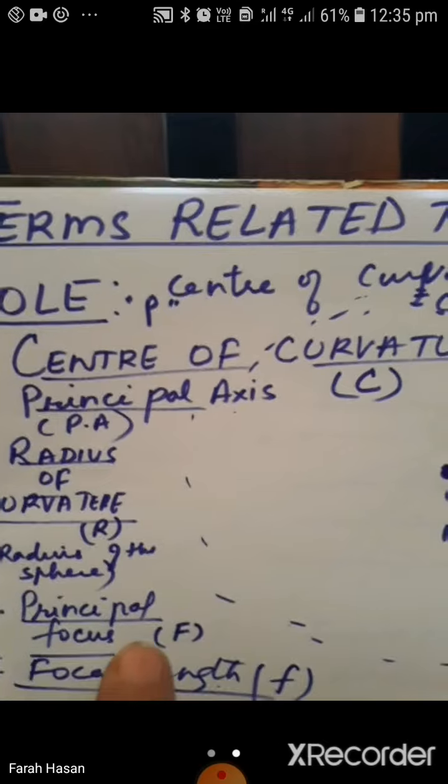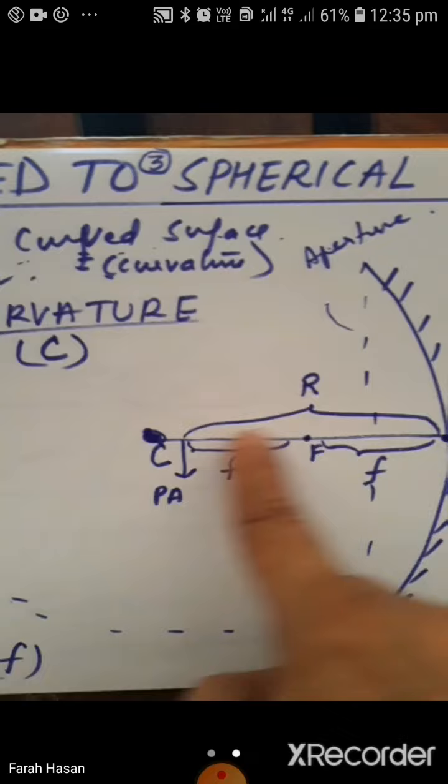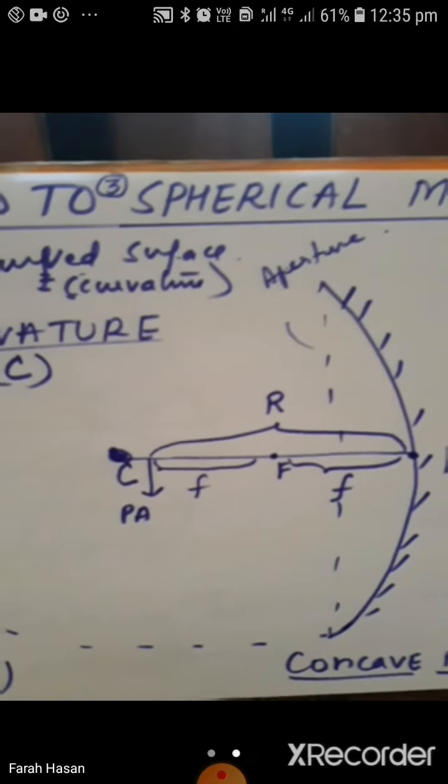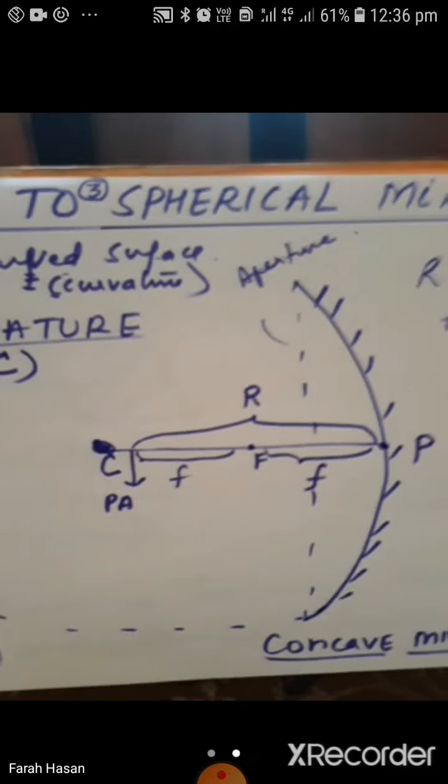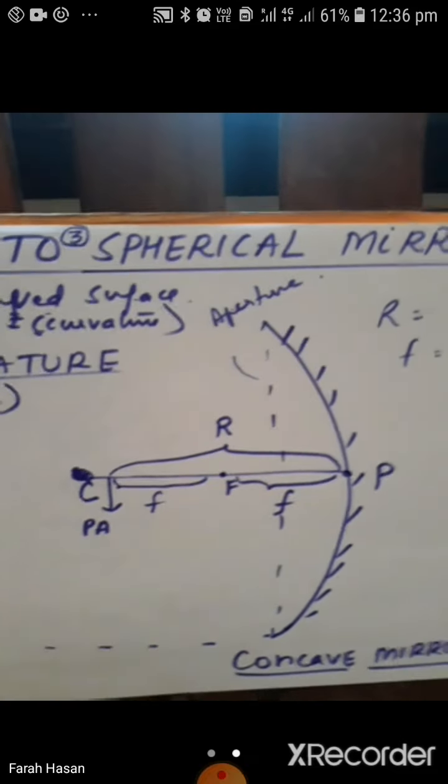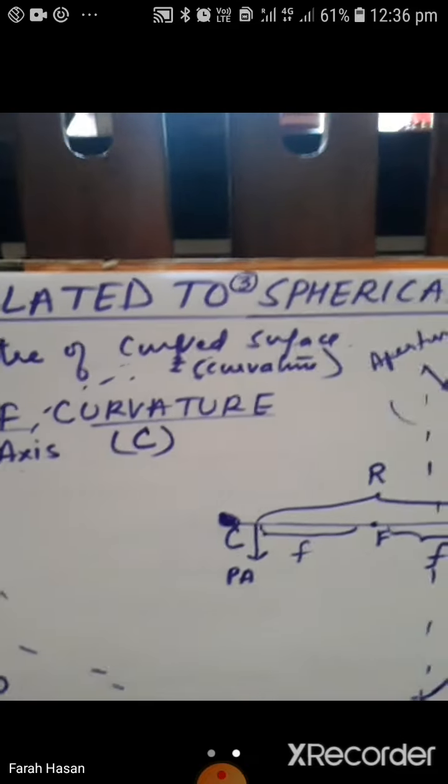Now the third term is the principal axis, which is represented by PA. Now what is principal axis? When we join this pole to the center of curvature, this line joining the pole and the center of curvature, that is known as principal axis. Alright. Now the next term is radius of curvature.